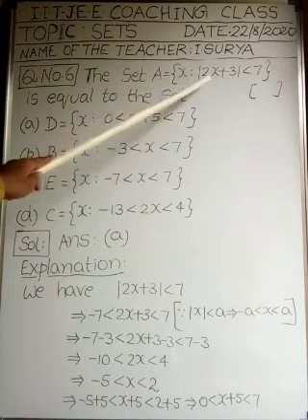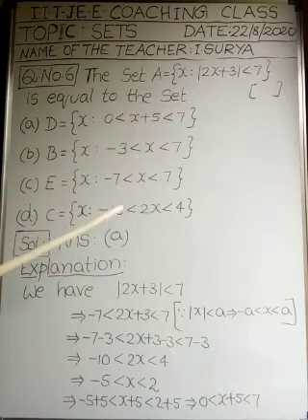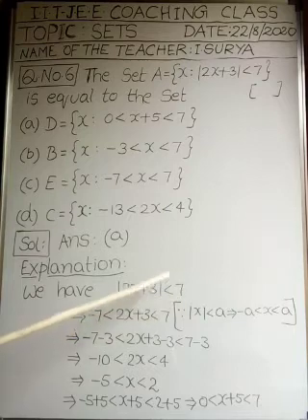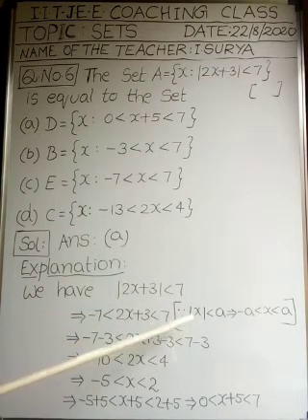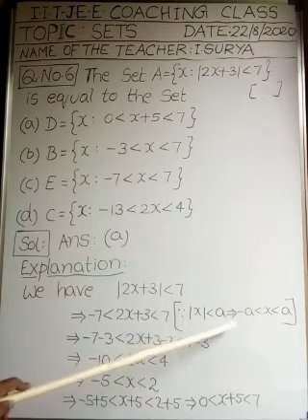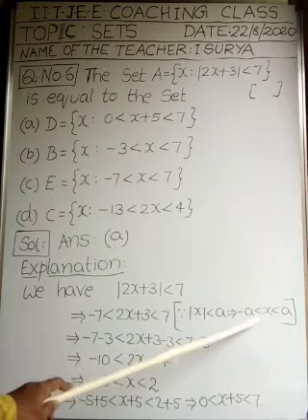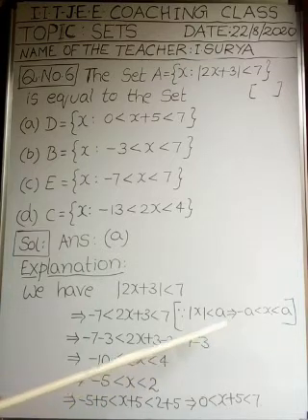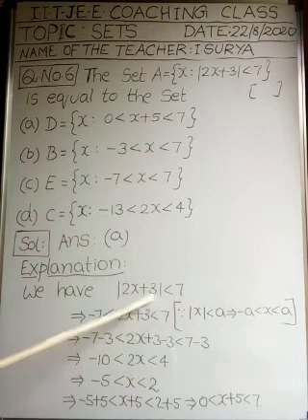We have the given inequation. We write here given inequation. Modulus of 2x plus 3 is less than 7. There is a property of modulus function. Modulus of x is less than a implies minus a less than x less than a. We can write this property. We are using this property here to solve this inequation.